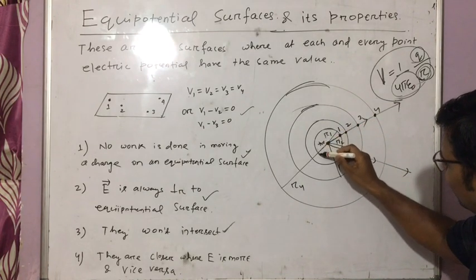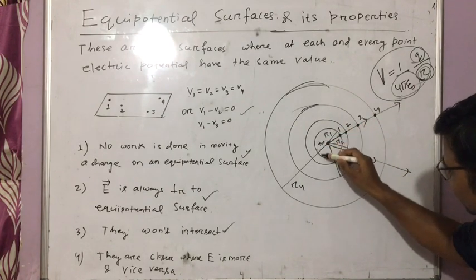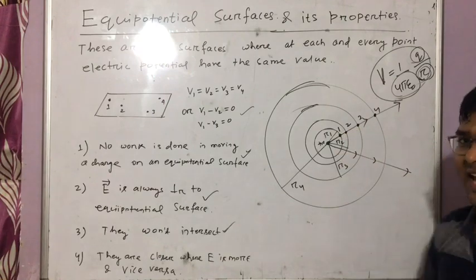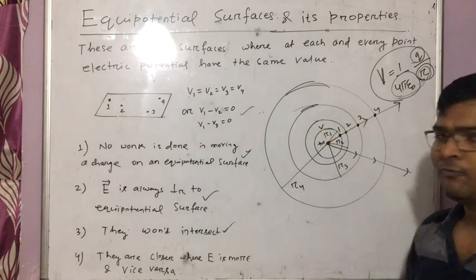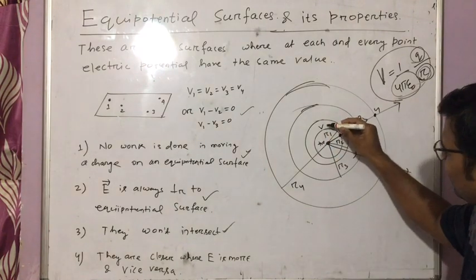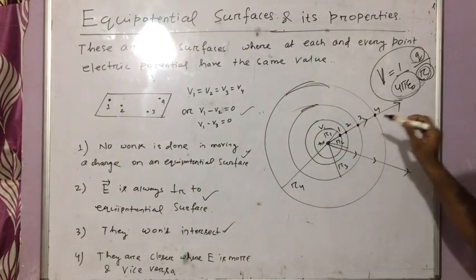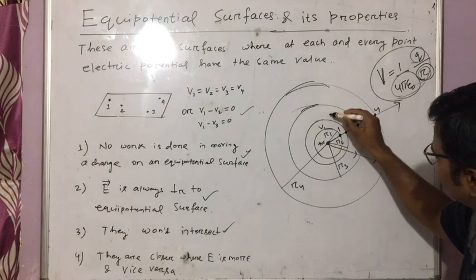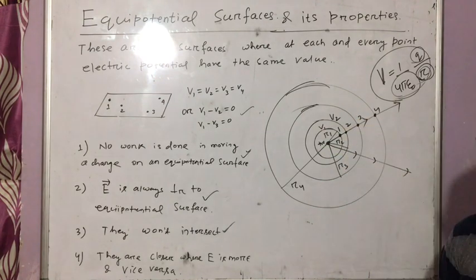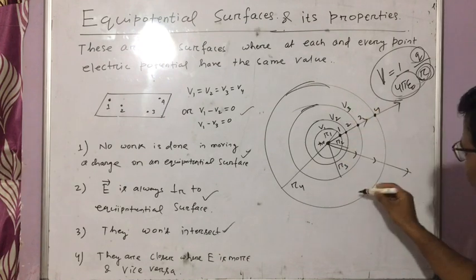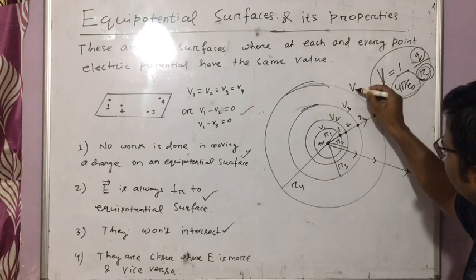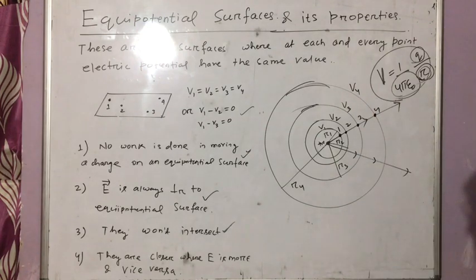On the surface of the first sphere, the potential has a unique value, let's say V1. On the surface of 2, let the value be V2. On the surface of 3, let the value be V3. And surface 4, it will be V4. It's a very important part.